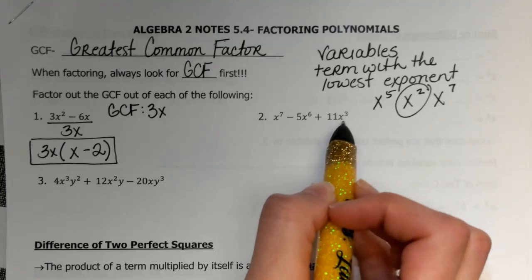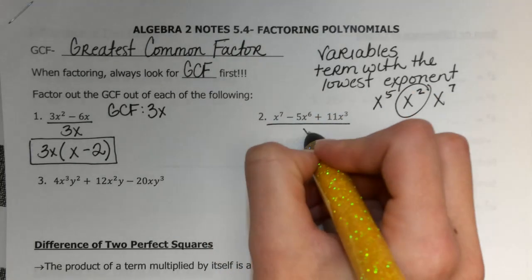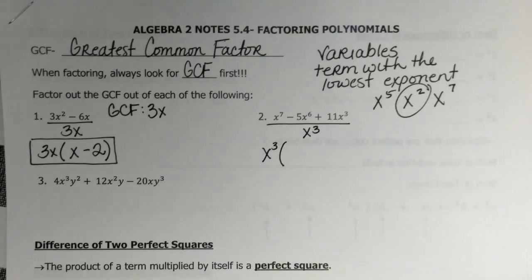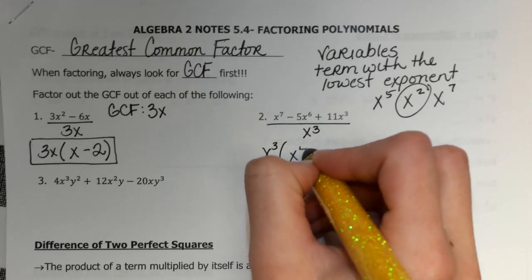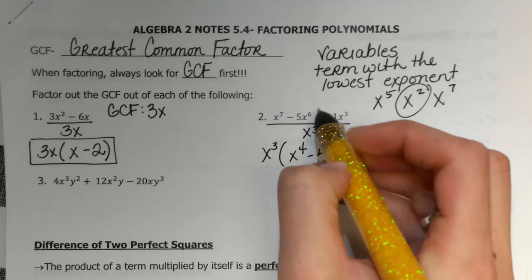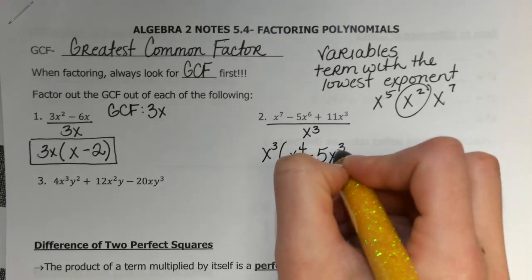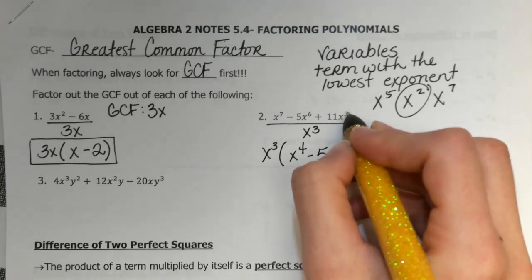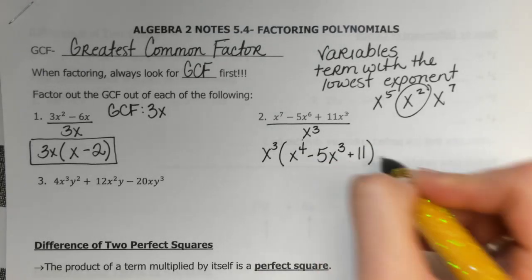So my lowest exponent would be x to the 3rd. That's what I'm going to divide by. So x to the 7th divided by x to the 3rd, subtract your exponents and you have x to the 4th. Then minus 5x, 6 minus 3 is going to give me x cubed. And then plus 11, x to the 3rd over x to the 3rd will cancel.